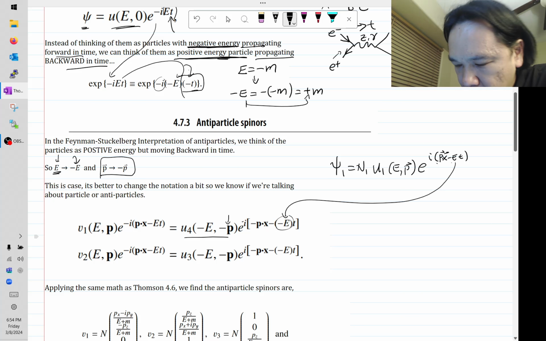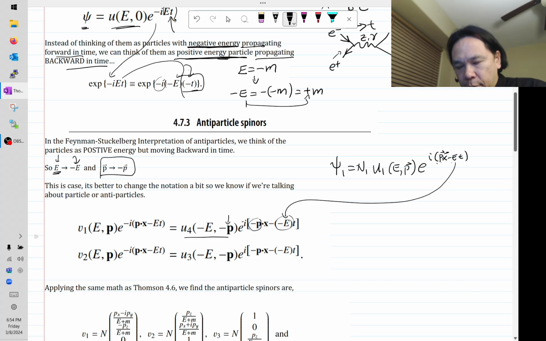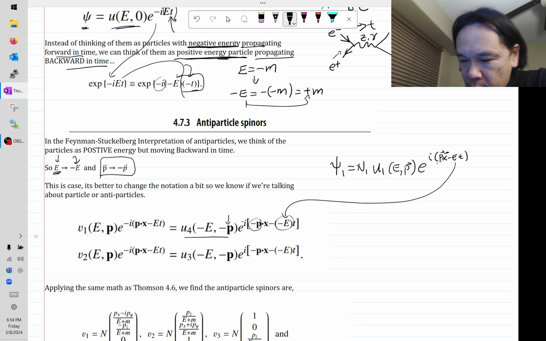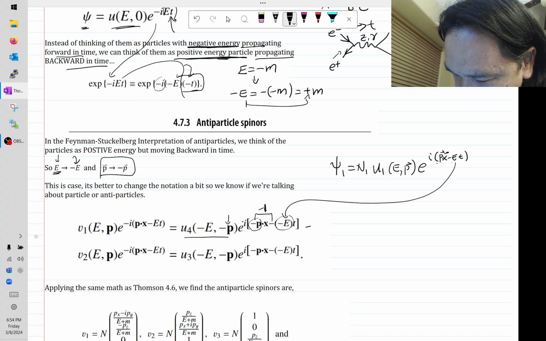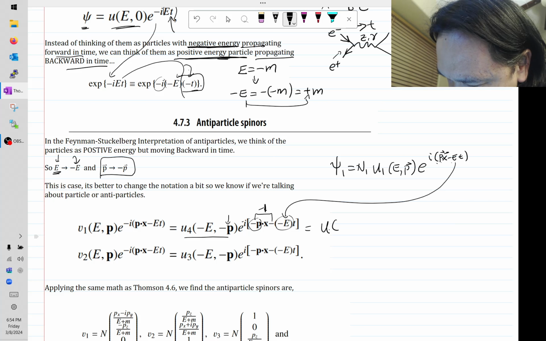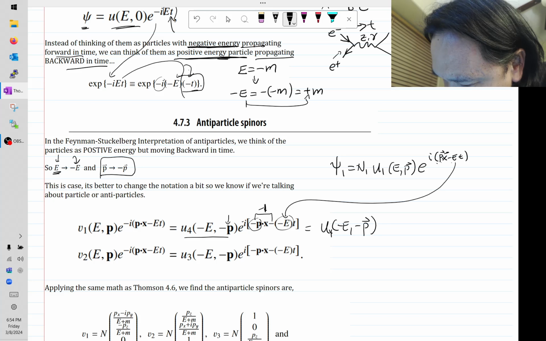We have this negative energy inserted in there, but instead of positive momentum, we insert a negative momentum. We can factor out both of these negative ones, and this basically becomes U4 of negative E, negative p.